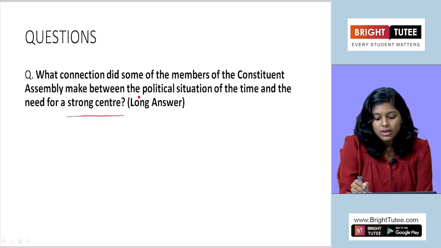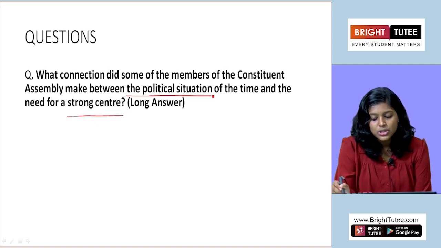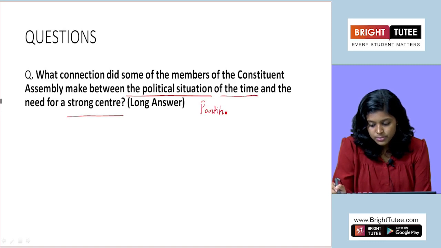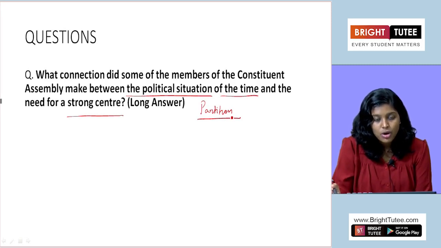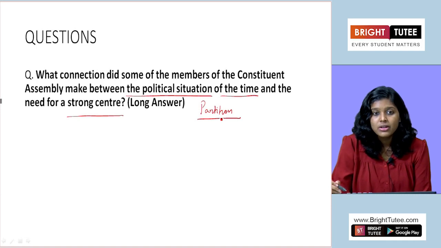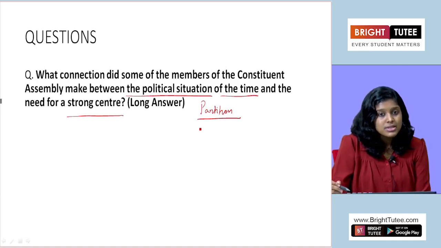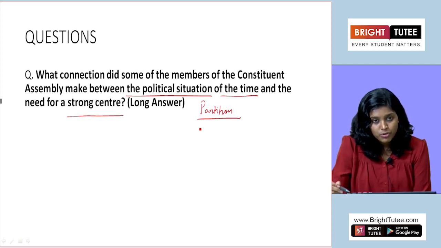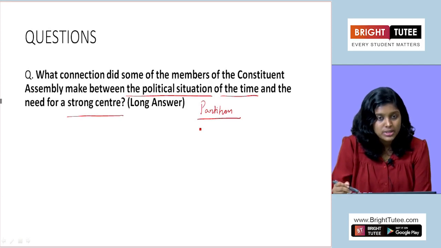So here, in regard to the political situation of the time, you will have to refer to the partition and the violence it had engendered, and the fear of such adverse situations led many of our leaders to think about a center which was more powerful and which had more authority than the provinces.